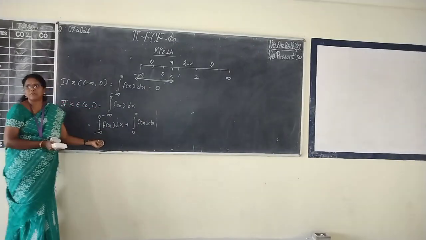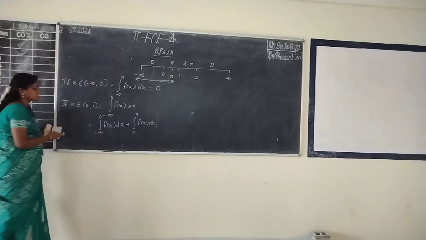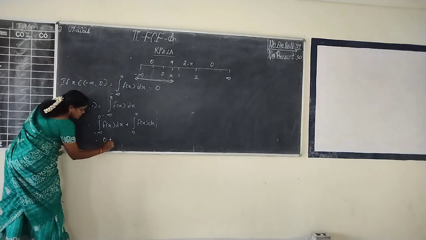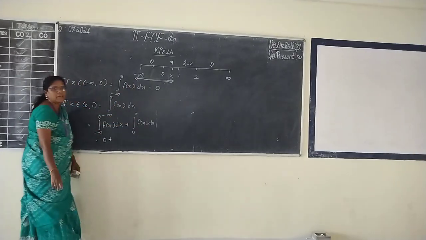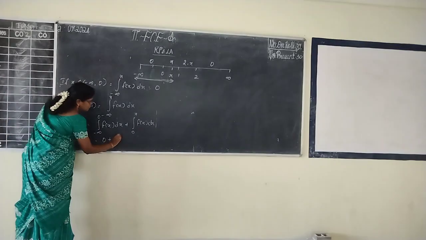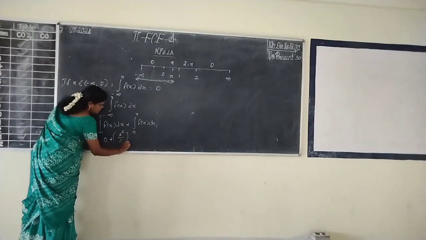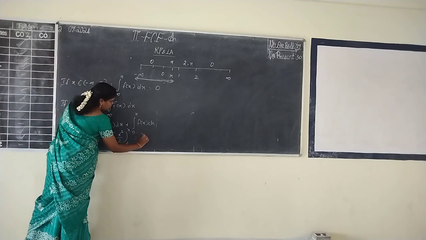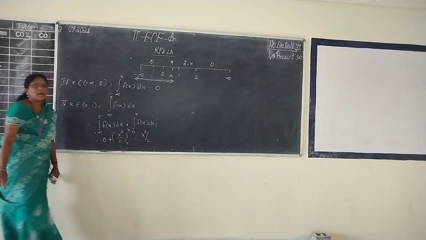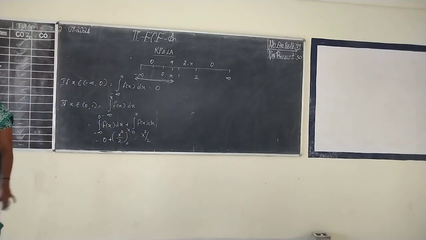What is the answer for the first one? 0, it is not defined. What is f of x here? x. What is the integral of x? x squared by 2, within the limit 0 to x. What will the answer be? Substitute the upper limit x as x itself, and the lower limit x equal to 0.